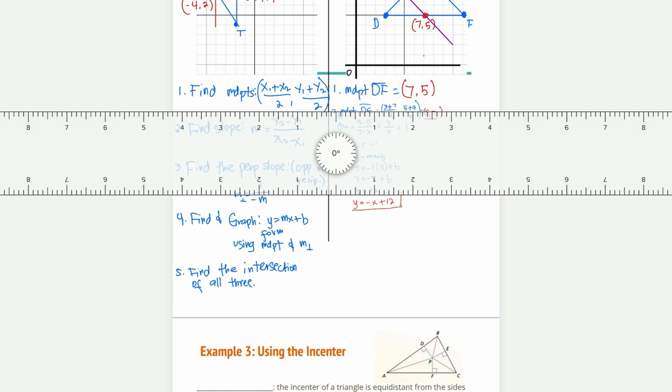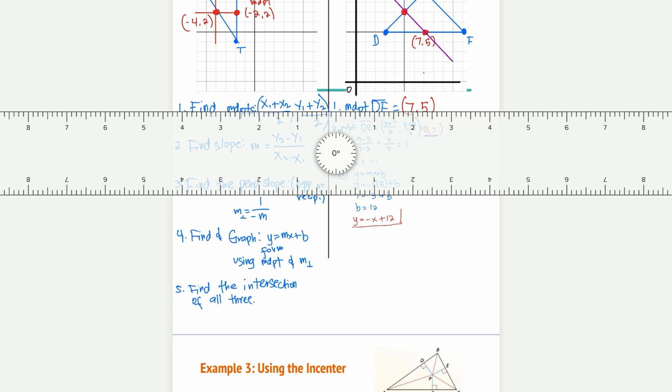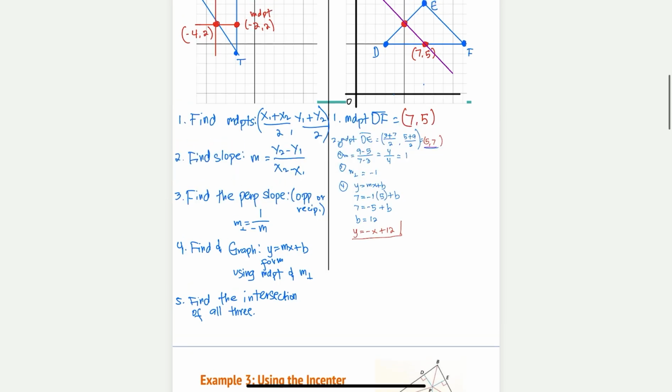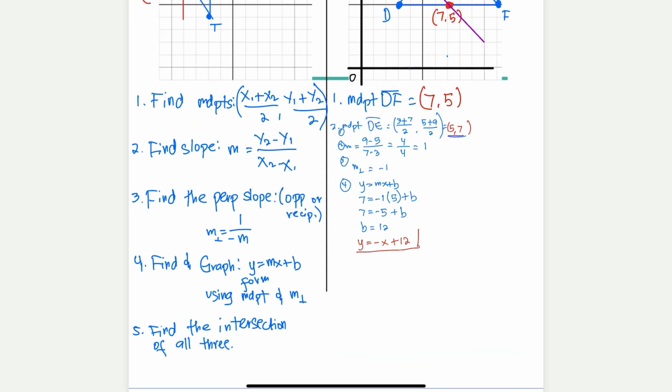Okay. Let's find the midpoint first. Let's find the midpoint of EF. So to find the midpoint of EF, let me just put it in this way. The midpoint of EF, my bad, is equal to, let me use the coordinates, 7 plus 11 over 2 and 9 plus 5 over 2.